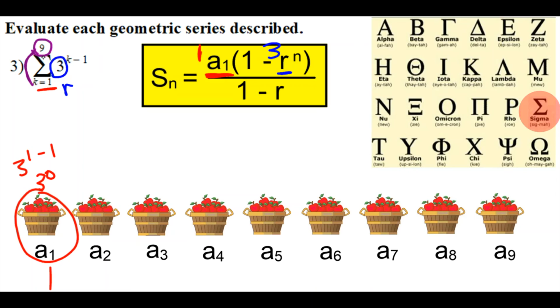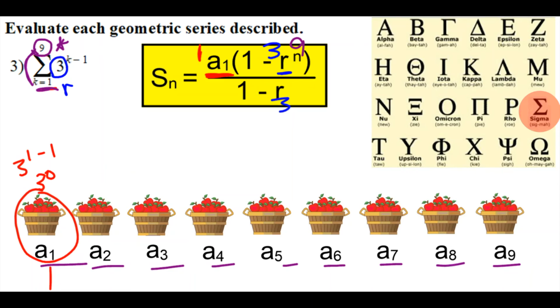Basically, it's how many terms are there? 1, 2, 3, 4, 5, 6, 7, 8, 9. It won't always be this number at the top, but it will if this bottom number is 1. So you have to really think about how many terms will be added together, and in this case, there are 9. And so anywhere you see an R, you're going to put a 3. Anywhere you see an N, you're going to put a 9.